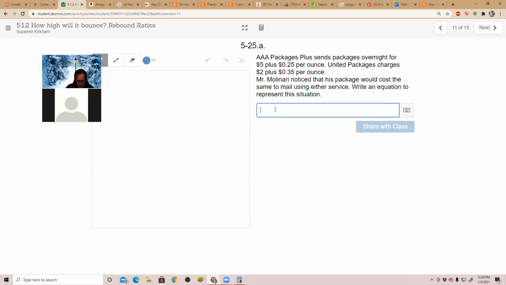Okay, so we've got 5 plus 0.25x, because we don't know how much the package weighs, equals 2 plus 0.35x.